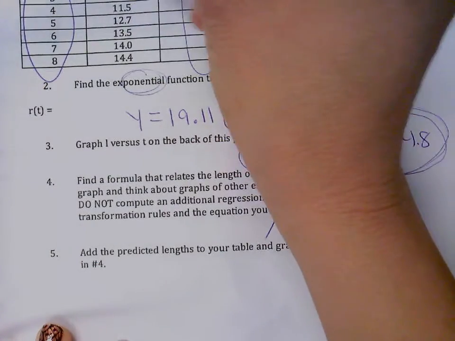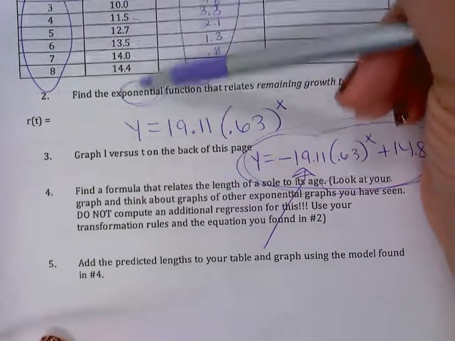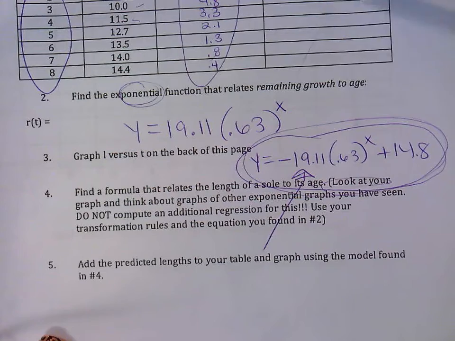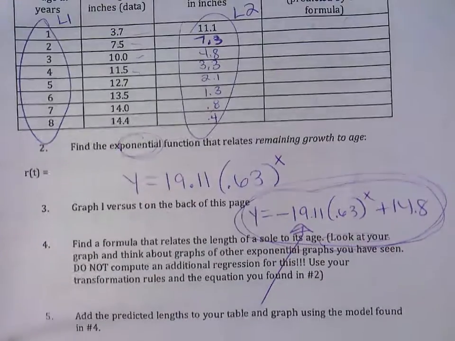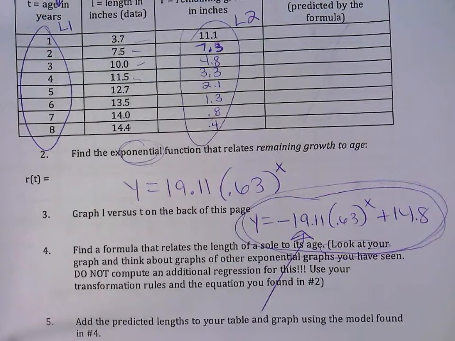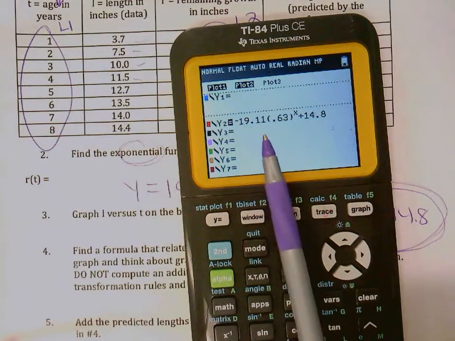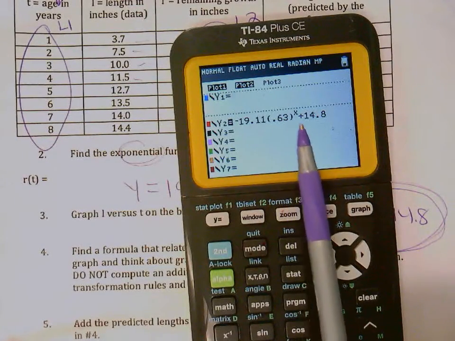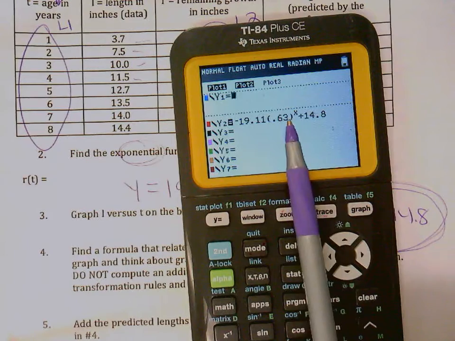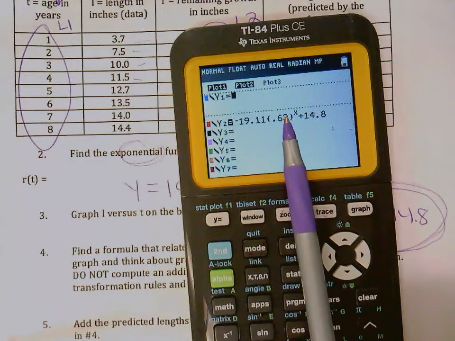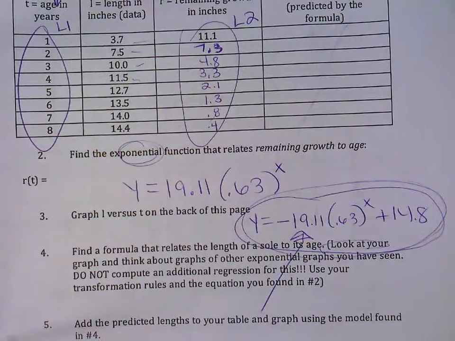Because these were all experimental data over here for the fish. So we want to see how close our formula really is. So in my y equals menu, if I put in negative 19.11 times 0.63 to the x plus 14.8, and I go to my table for 1, 2, 3, 4, 5, 6, 7, 8, it'll tell me what length I should have.